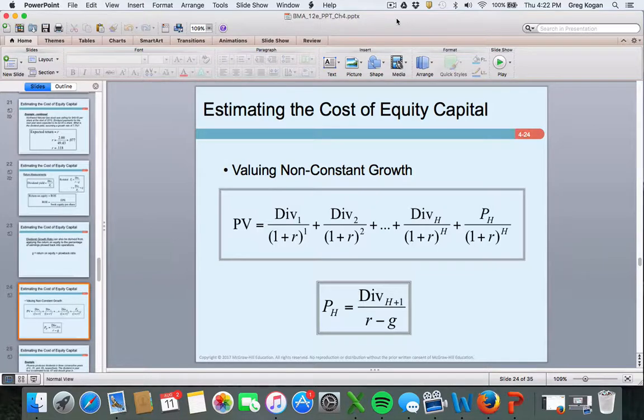For example, say we're valuing the first 3 years, and then the fourth year through forever. So we're talking about something that is our earnings divided by the discount rate minus the growth rate.